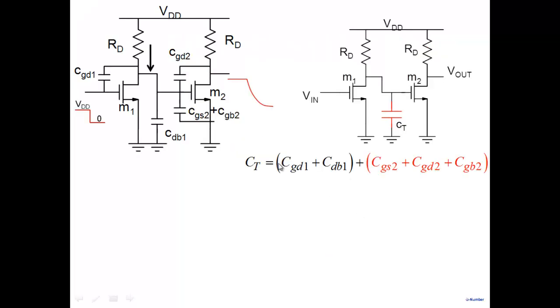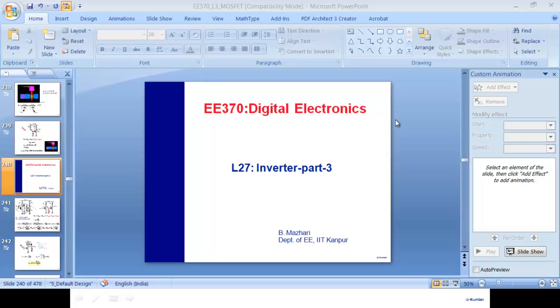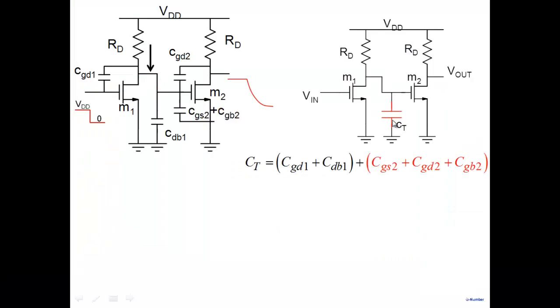Okay, so this was the last lecture. If you recall, we were discussing the inverter, and we were looking at the delay of a simple inverter with a resistor here.